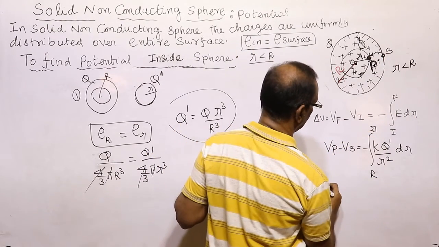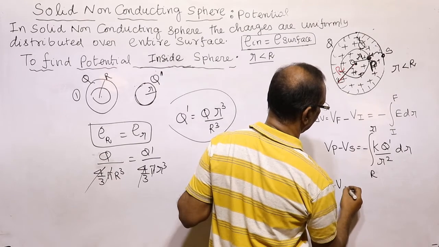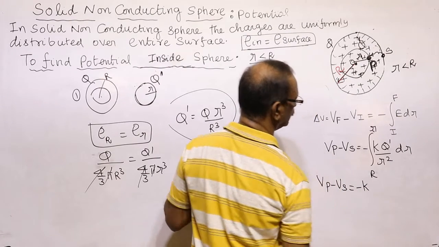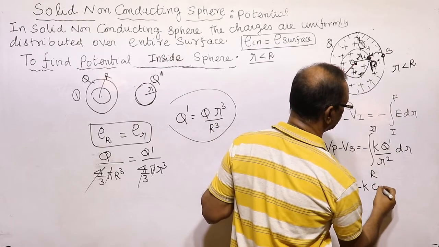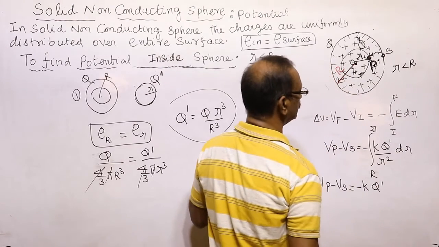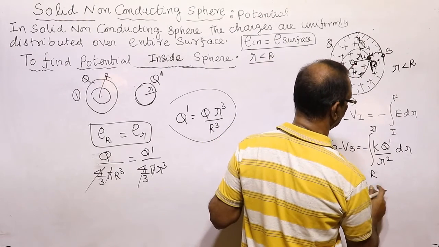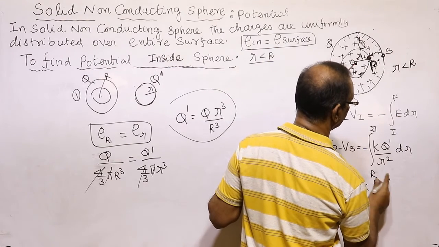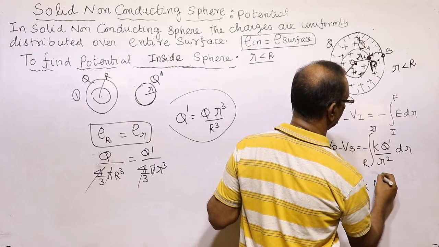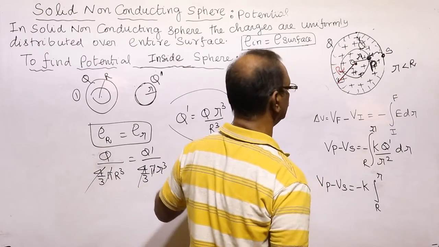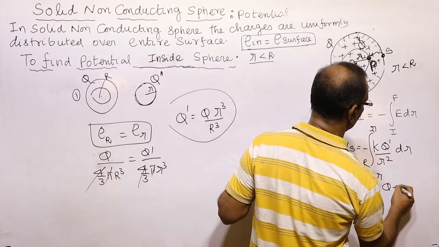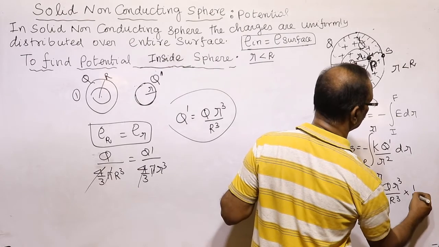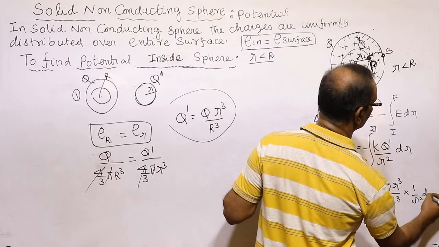Therefore, Vp minus Vs is equal to minus, we can take K outside. Q dash we cannot take outside. What is the value of Q dash? So the integral from R to r, where Q dash is equal to Q r cube by R cube, into 1 by r square into dr.